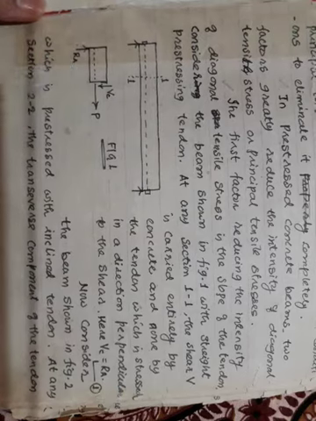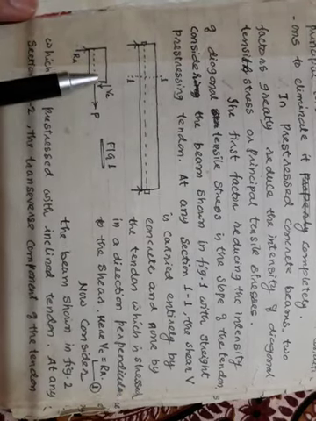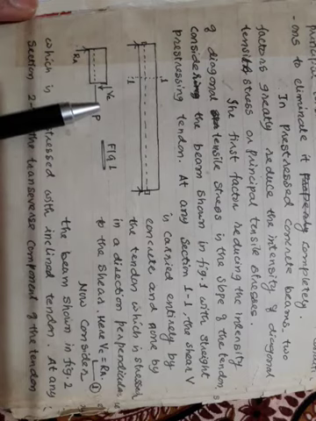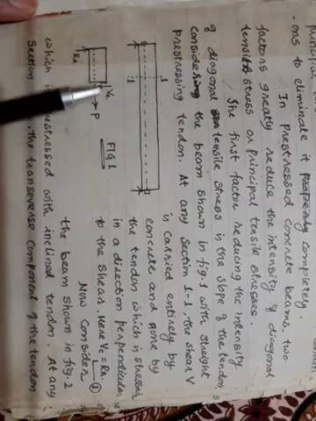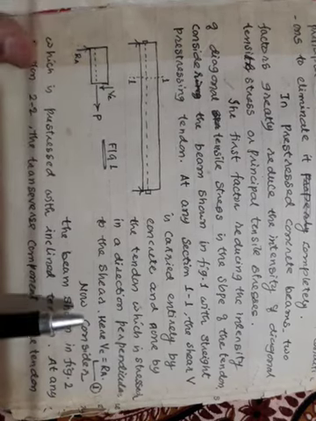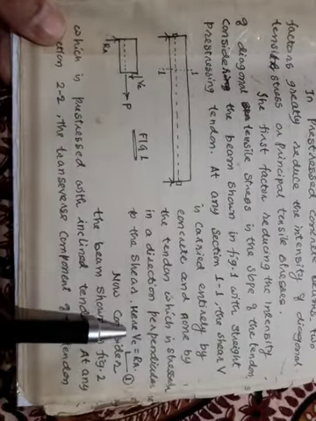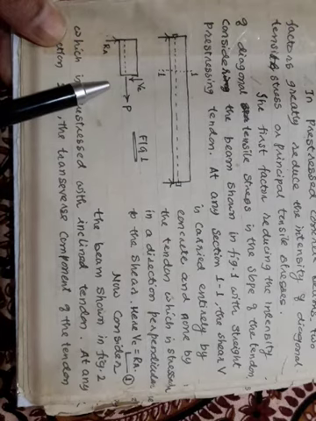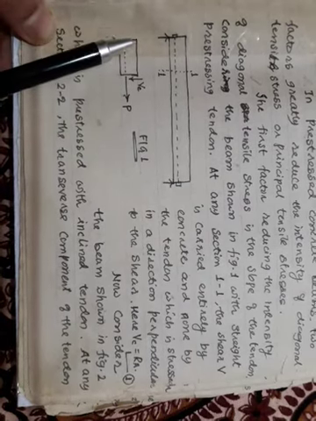Now if I apply the simple mechanics rule, sigma Fv is equal to 0, in the sense that all vertical forces should be equal to 0, I will get Vc is equal to Ra. Vc is acting in this direction, Ra is acting in this direction.